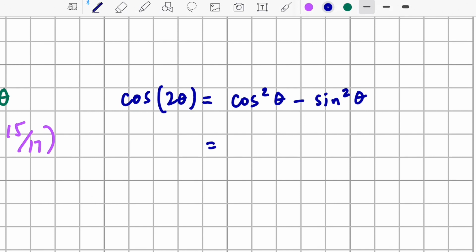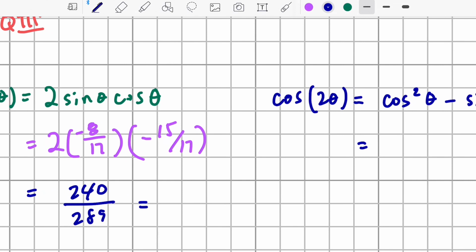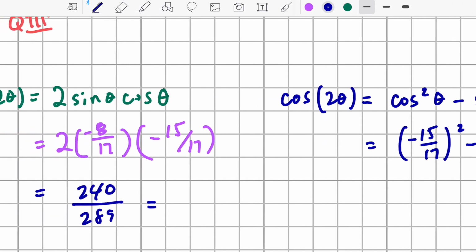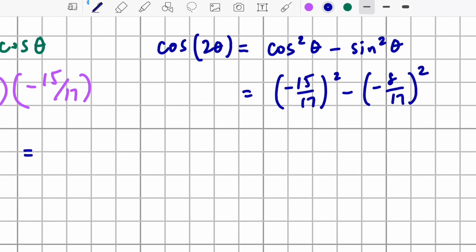So now let's plug it in. Cosine theta was, it's right here, negative 15 over 17 squared minus sine is negative 8 over 17 squared. So what we're going to do is we're going to square that. Once we square it, it's going to be positive. 15 squared is 225.